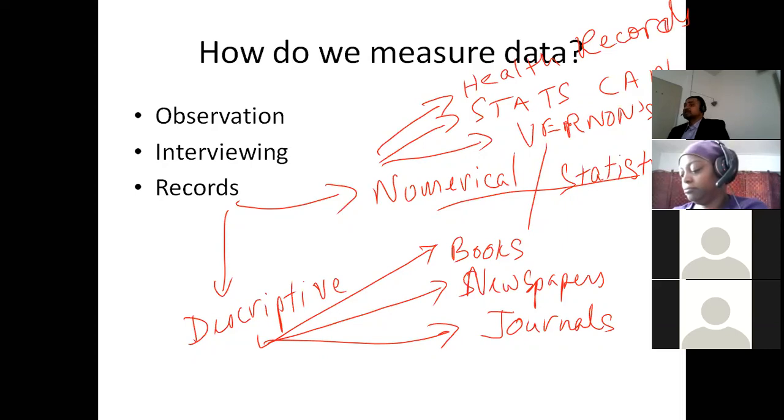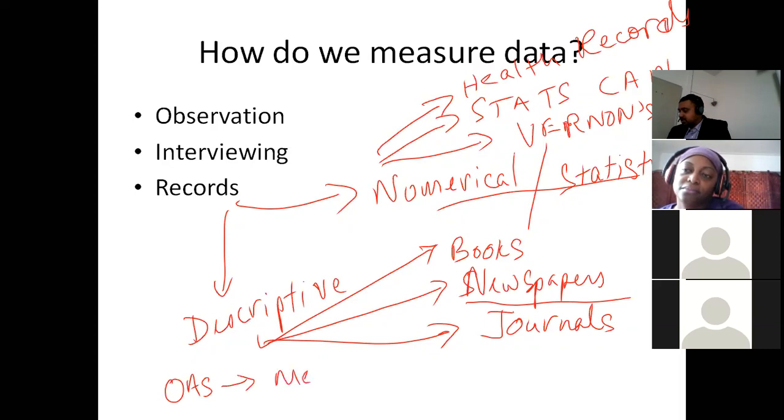Descriptive would be newspapers, books, and journals. As an example, if you wanted to look at ageist themes in the newspapers in Sudbury from the 70s until now, if you wanted to identify, for example, older adults being portrayed as mentally incompetent.